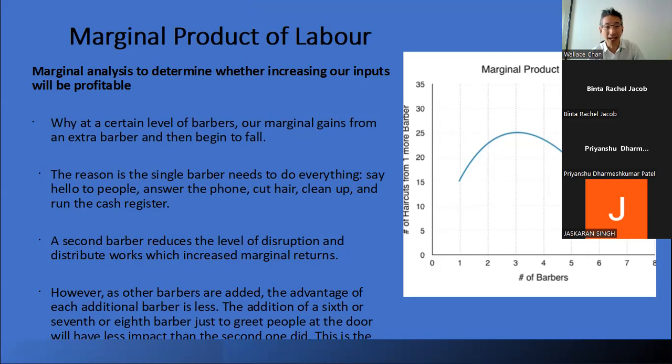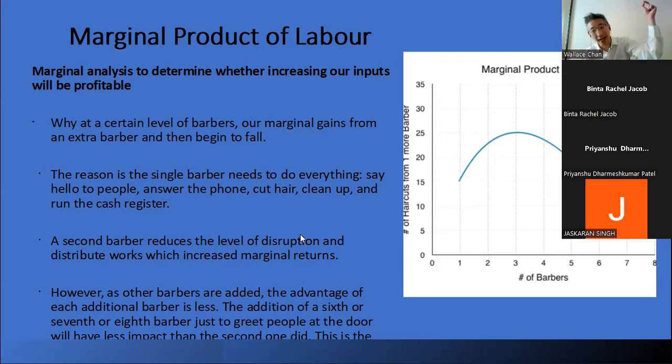Now, let's not forget, we are talking about the short run here, okay? So our assumption is that you cannot change the size of the shop. That's why this whole concept we are talking about right now is about the short run.